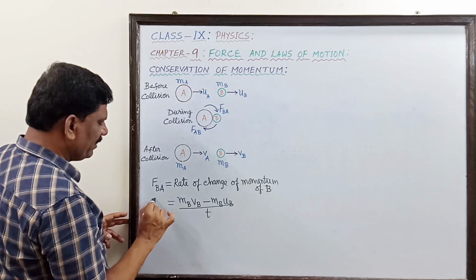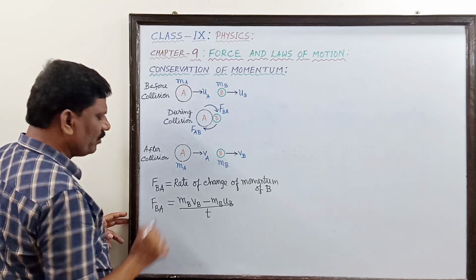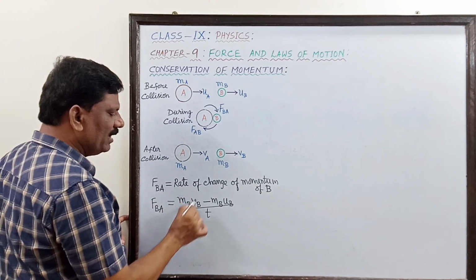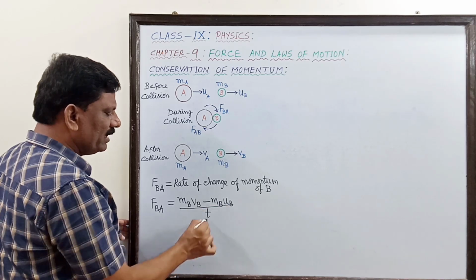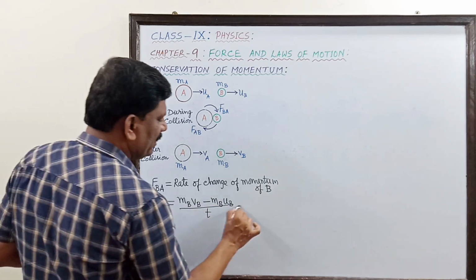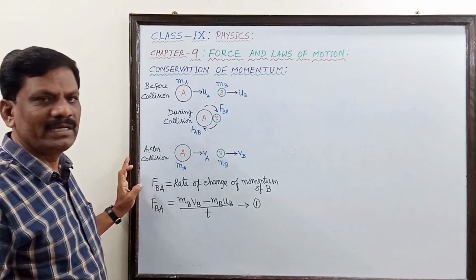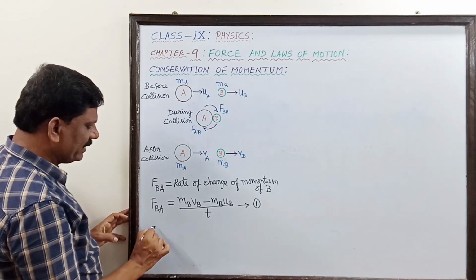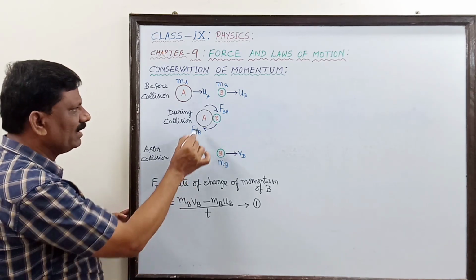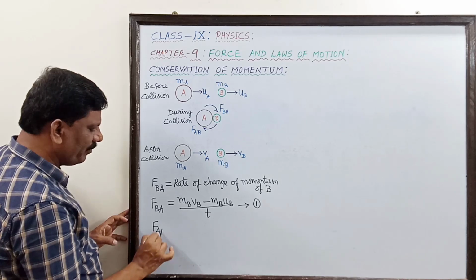The time of collision is T. So FBA is now equal to MBVB minus MBUB divided by T. And this is our equation 1. Okay. Similarly, what is the force FAB called as AB?